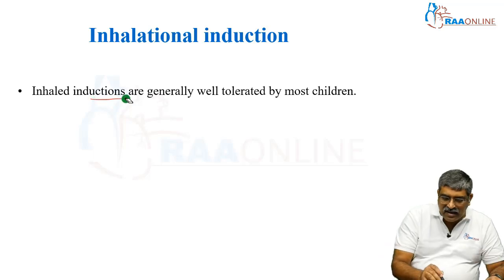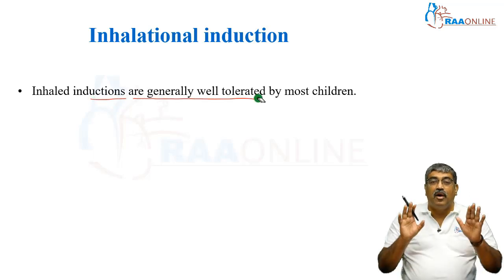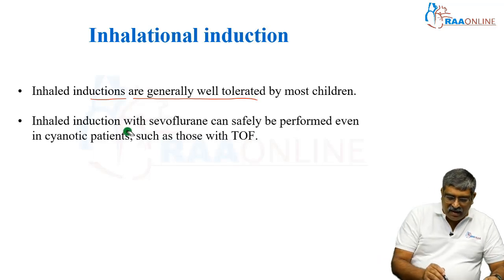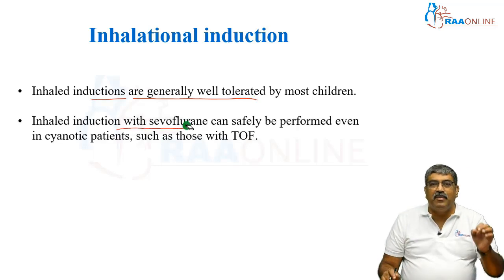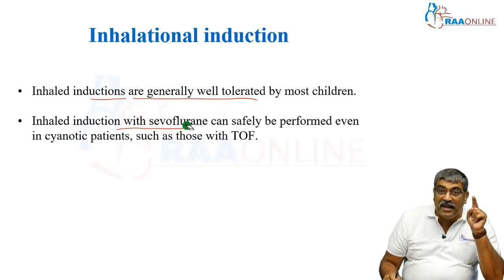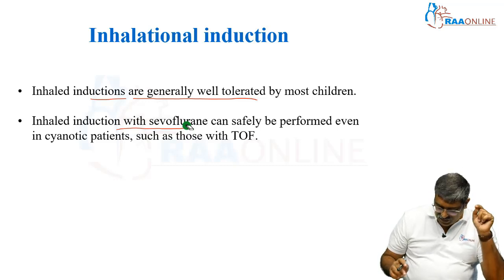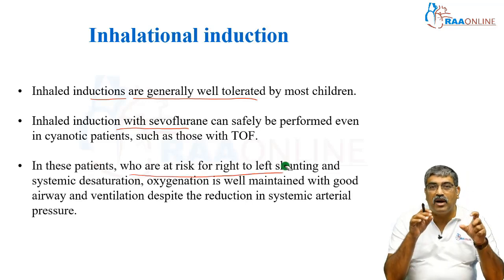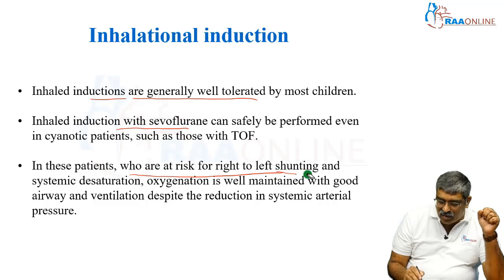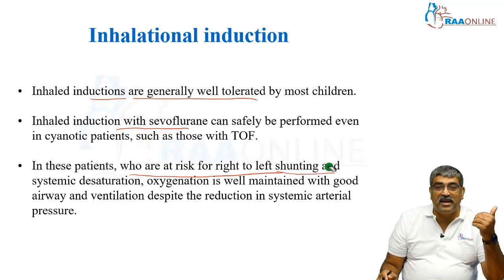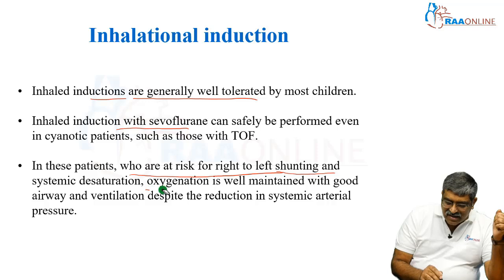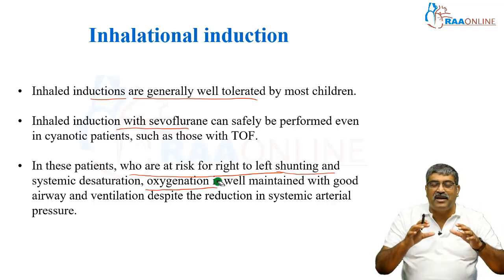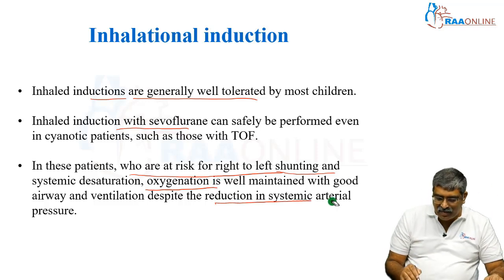Coming to inhalational inductions, they are generally well tolerated by most kids. Inhalational induction with sevoflurane can be safely performed even in a cyanotic child, such as those with tetralogy of Fallot. In patients who are at risk for right to left shunting and systemic desaturation, oxygenation can still be maintained if you have a good airway and ventilation despite the reduction in systemic vascular resistance.